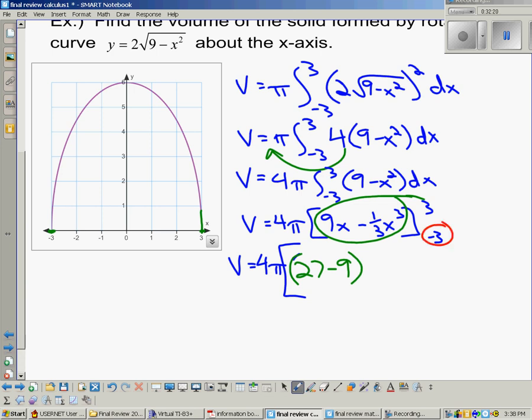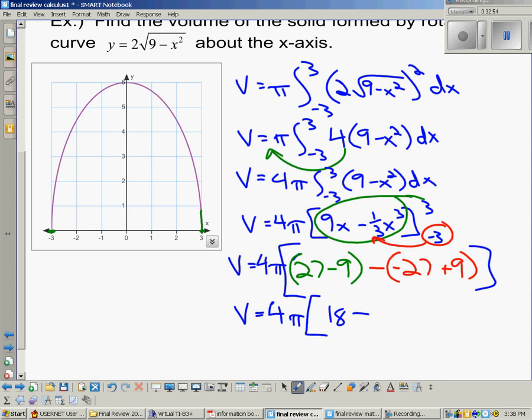Now I'm going to see what happens when I plug in negative 3 for the whole function. So I'll have minus 9 times negative 3 is negative 27. Negative 1/3 times negative 27 here is going to give us positive 9. All right. Let's do what's inside the brackets. So this would really be 27 minus 9 is 18.